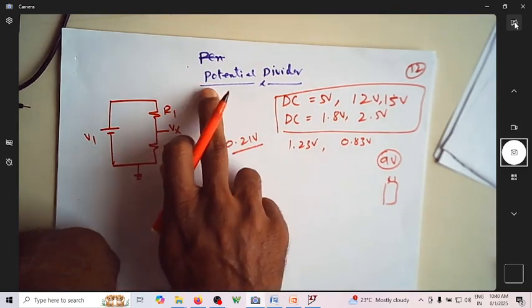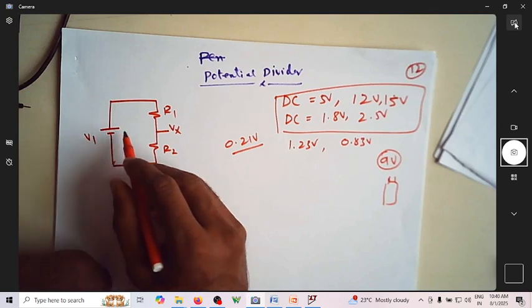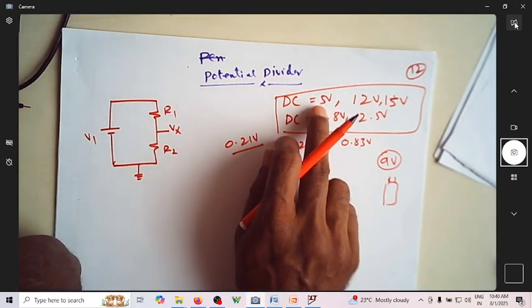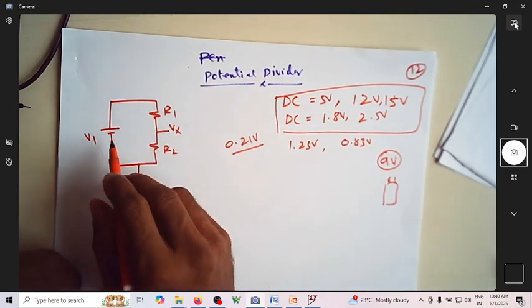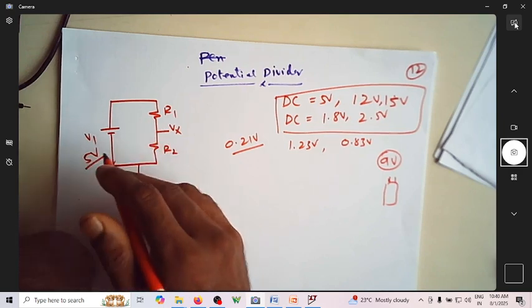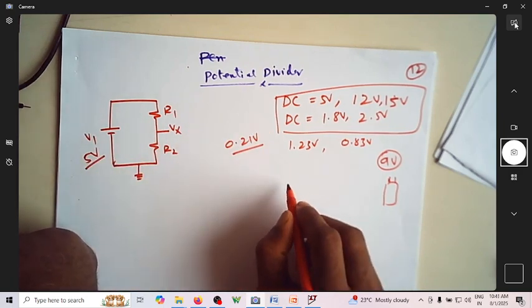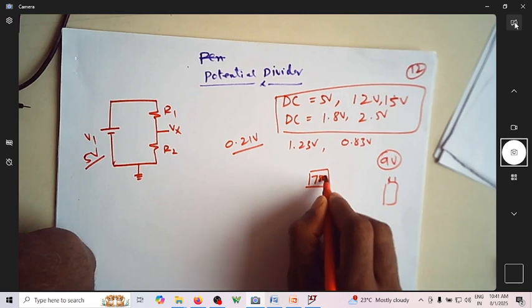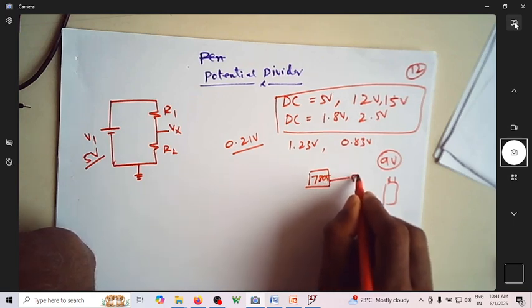The solution is the potential divider. You have the standard values, whatever 5 volt, 12 volt, 15 volt you have. Assume that I have a 5 volt battery, or you may have a regulated power supply using 7805 giving a 5 volt output.